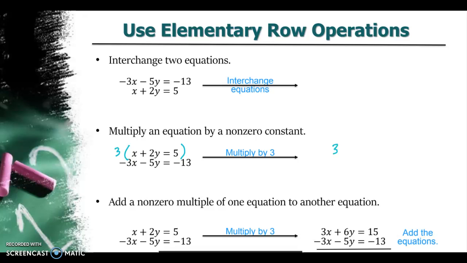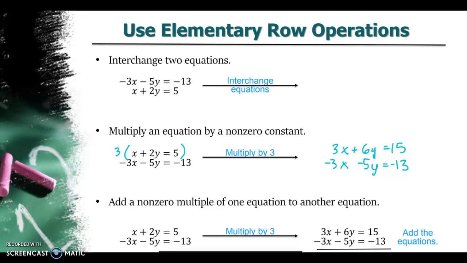I'll get 3x plus 6y equals 15, and negative 3x minus 5y equals negative 13.